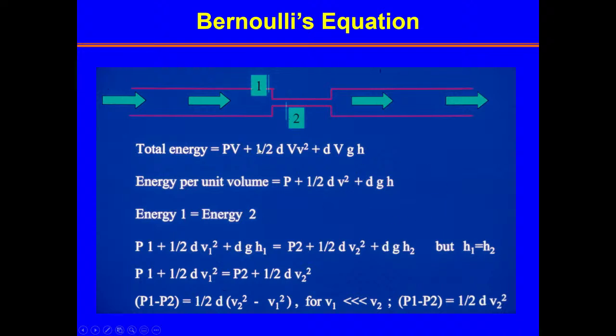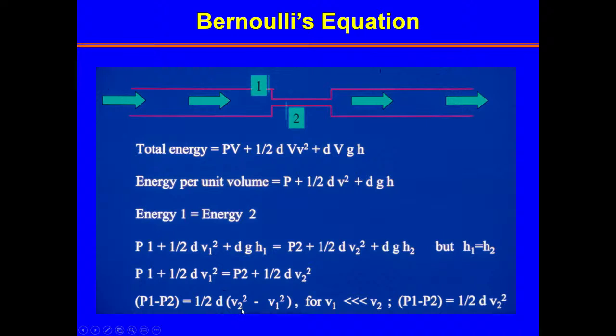Since the vertical height above the center of gravity is the same, we cancel these potential energy components. And so we end up with the sum of pressure and kinetic energy at point 1 equals the sum of pressure and kinetic energy at point 2. We rearrange because we are interested in this pressure gradient estimation, and that's what you get.